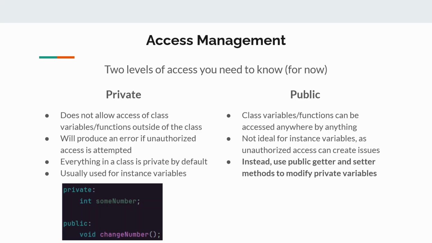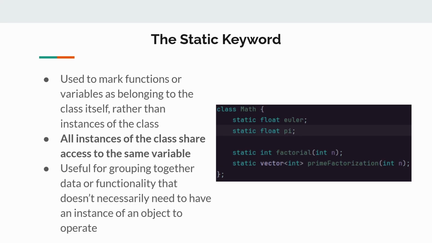All right. Going forward, just going to touch on this static keyword. I don't think you'll have to know too much about this, but basically what the static keyword does is that when you call static on a variable or a function, you're saying that variable belongs to the class instead of any instances of the class you create.